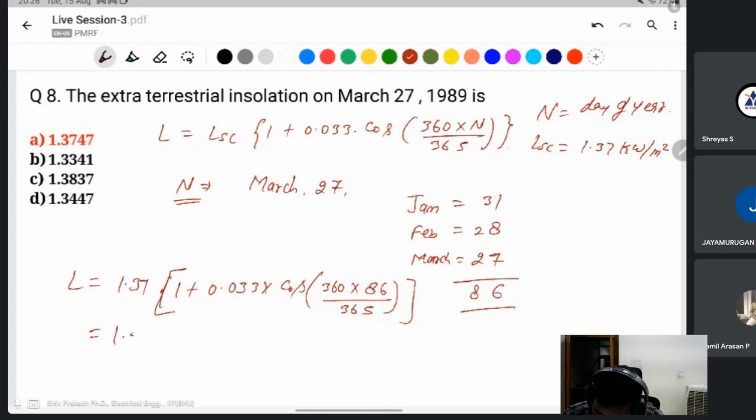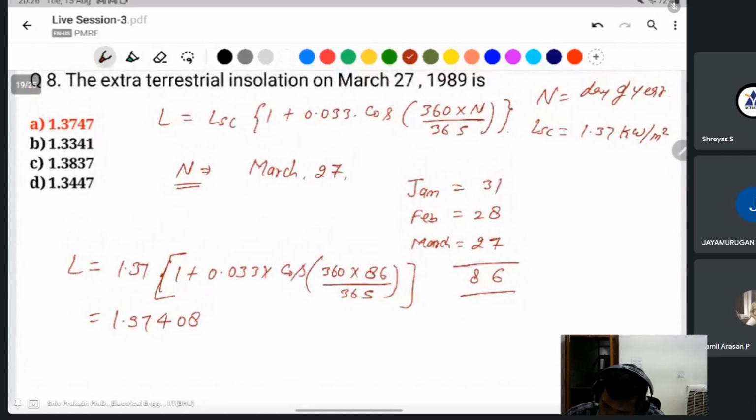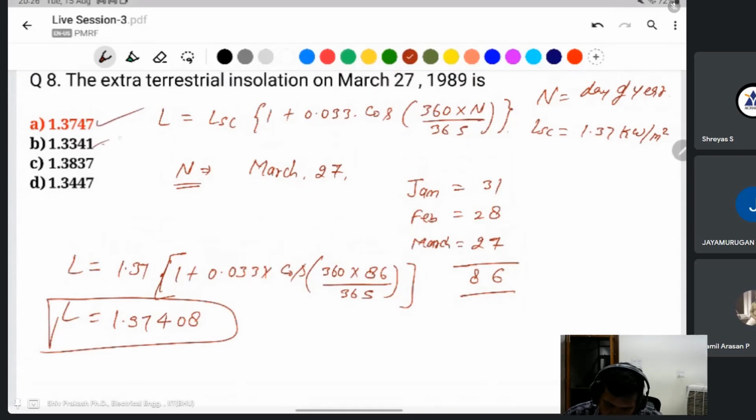This will be approximately 1.3748, approximately 1.3747.